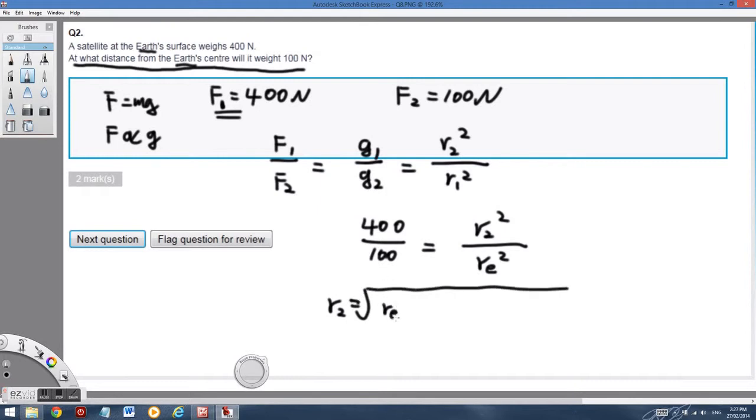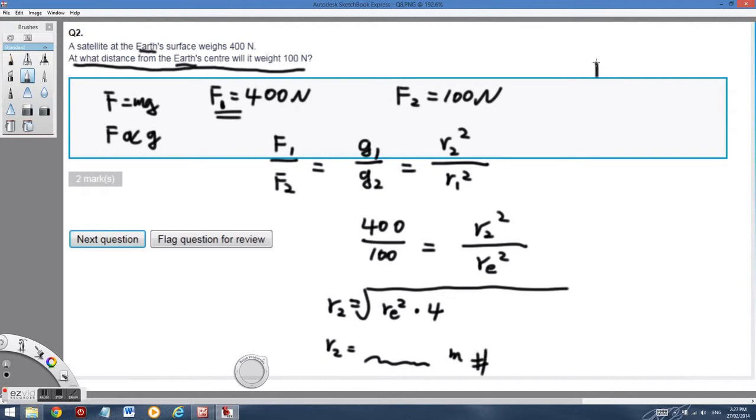If you rearrange the equation, it will be this. Then you'll be able to find out this. Put it into your calculator and you will be able to find it.